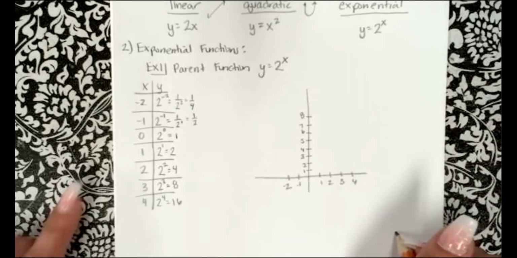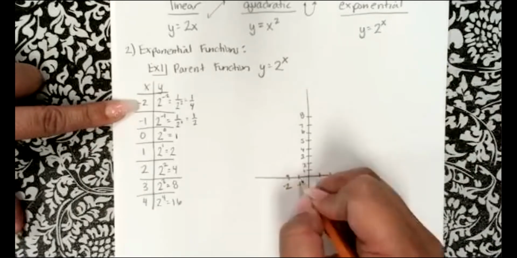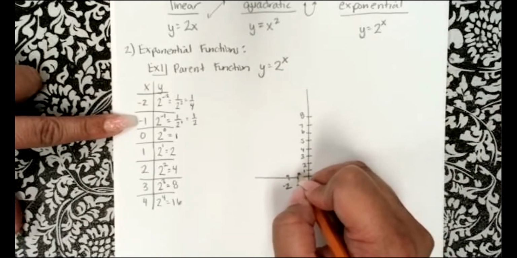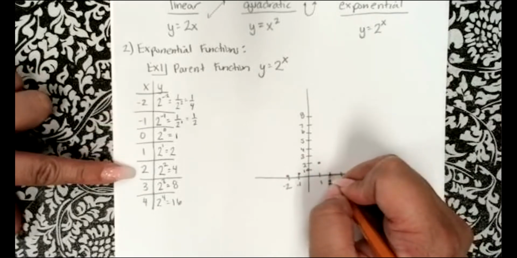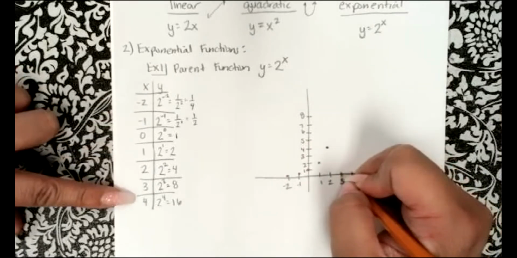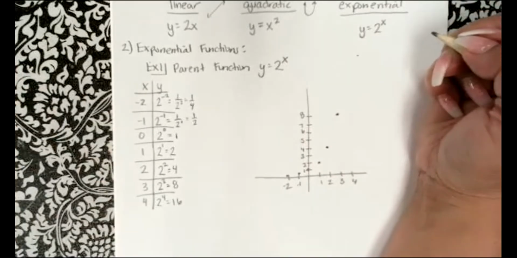So I'm going to go ahead and graph these points. At -2, it's 1/4, which is 0.25, which is right here. -1 is going to be a 1/2. 0 is going to be 1. 1 is going to be 2. 2 is going to be 4. 3 is going to be the 8. And then 4 is going to be 16, which is way up here.